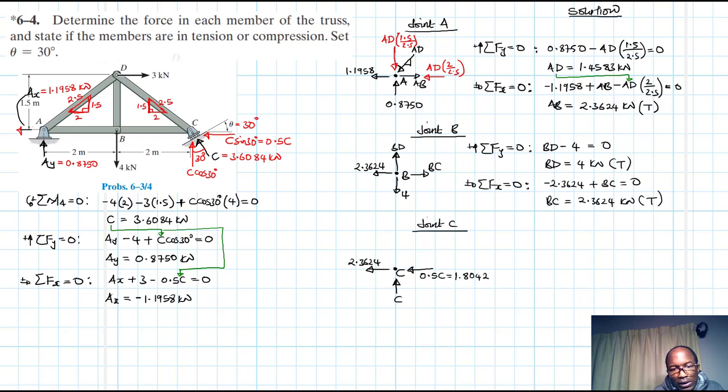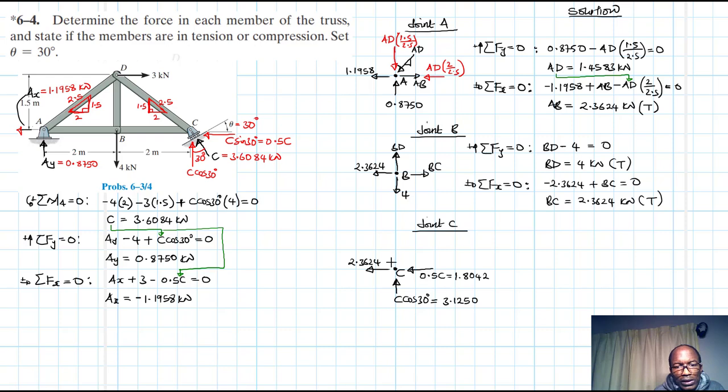And then we do have another force. This one is C cos 30, and this is equal to 3.6084 cos 30. It gives us 3.1250. Great.